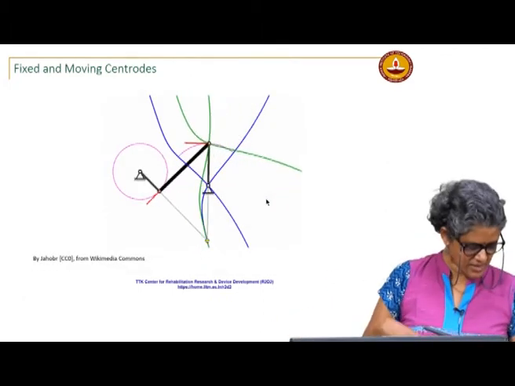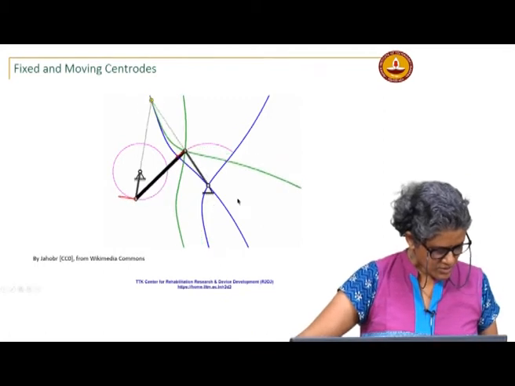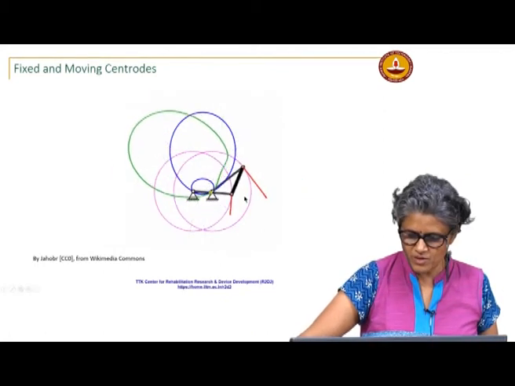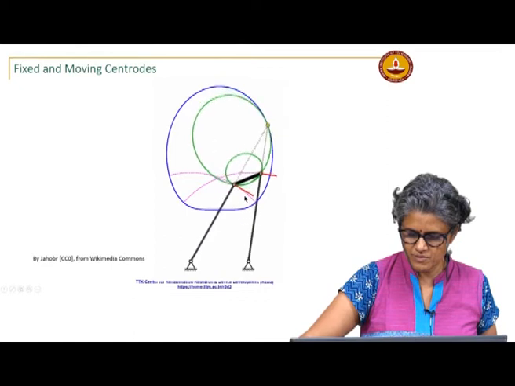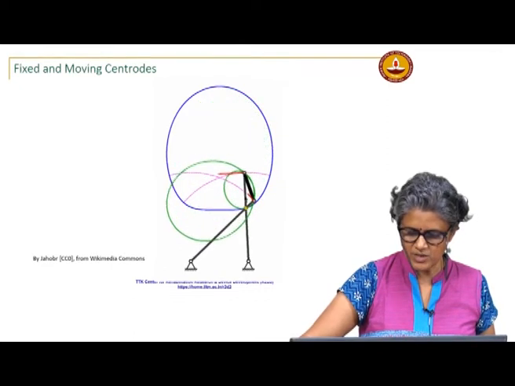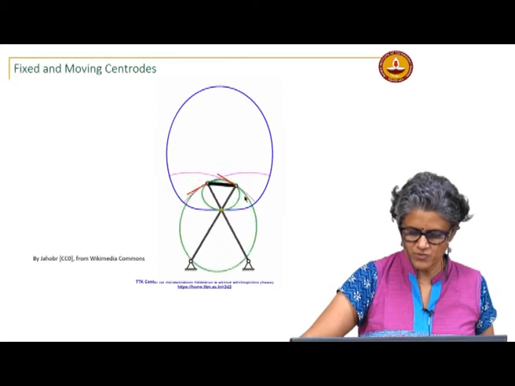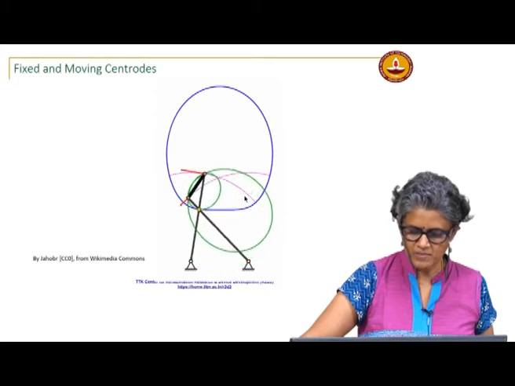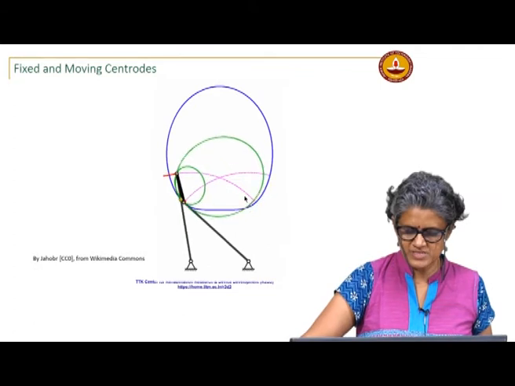So, this is another case. The green one is the moving centroid rolling on the blue fixed centroid.